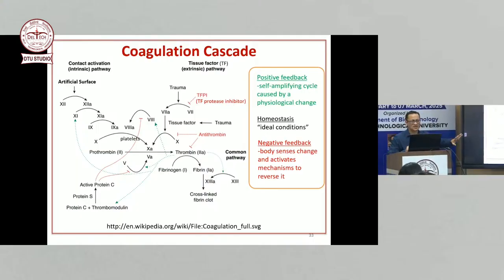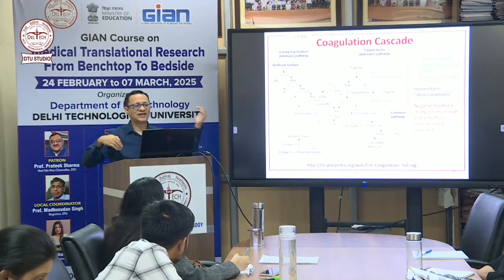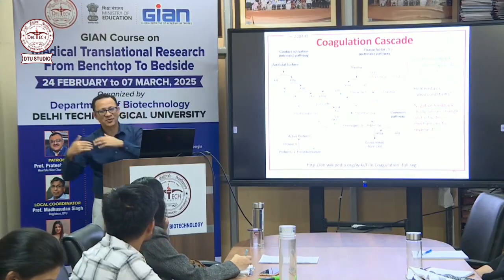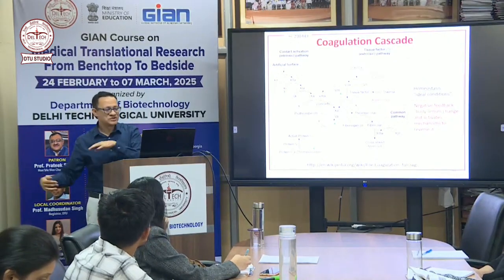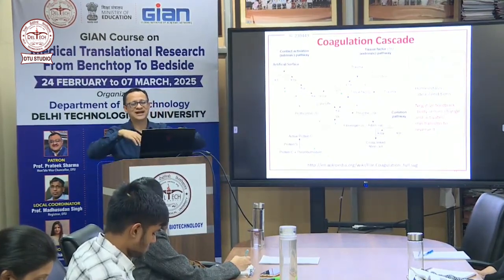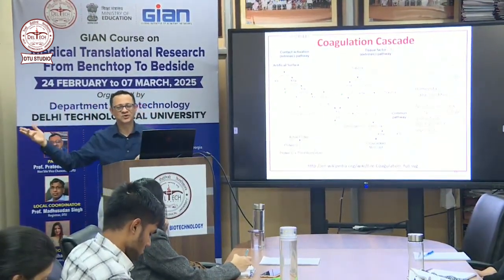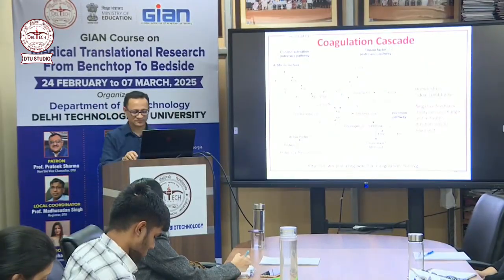But just remember, once factor 10 is getting activated, thrombin is getting produced, it's kicking in and telling other factors to activate more factors, so that more 10 can be activated, so more thrombin can be formed. So thrombin is encouraging more clotting to happen, but at the same time thrombin is also preparing that we need to slow down later.